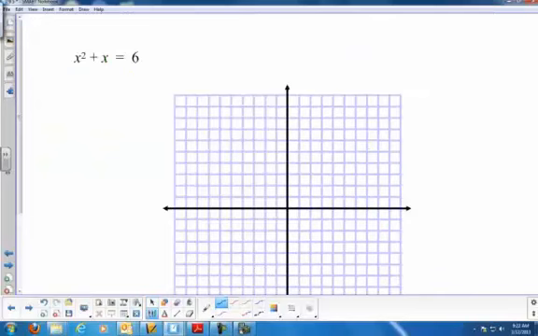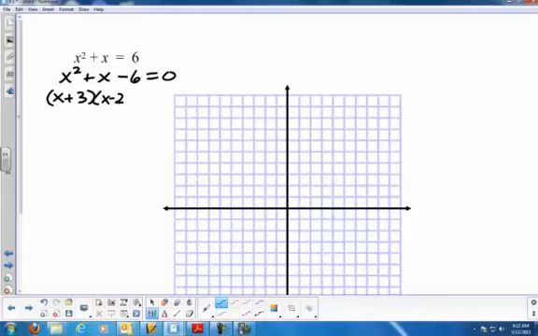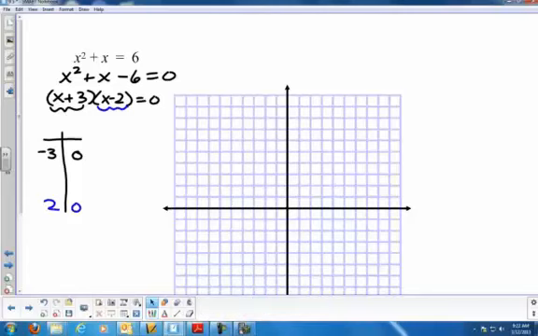All right, so this is going to simplify like so. This again is factorable. So x plus 3, x minus 2. So in my table, I know that negative 3 is going to give me 0 because of that. I know that 2 is going to give me 0 because of that.